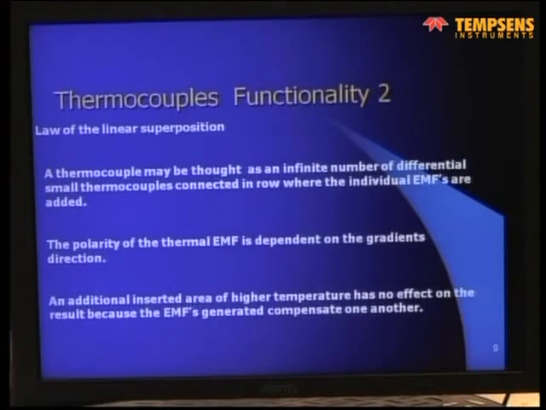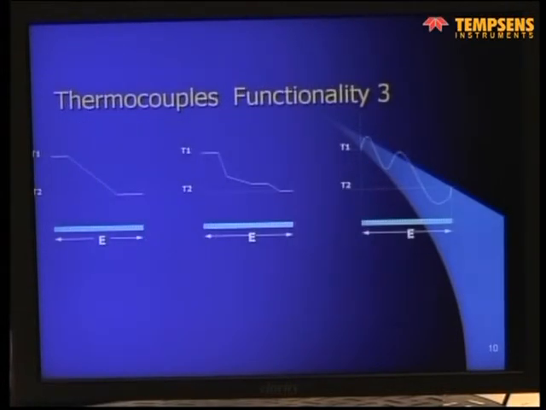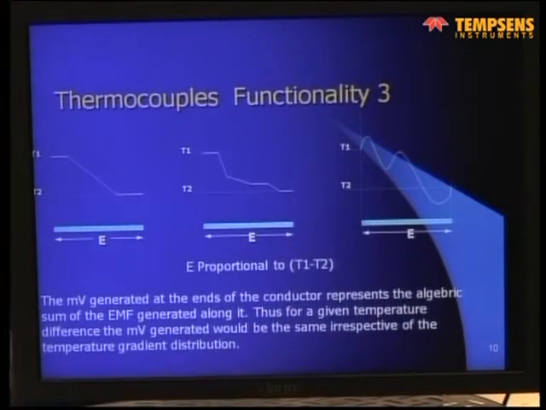Additional inserted areas of higher temperature have no effect on the result because the EMF generated compensates each other. The total amount of EMF which is generated is only proportional to the temperature difference, unaffected by the temperature profile in between.